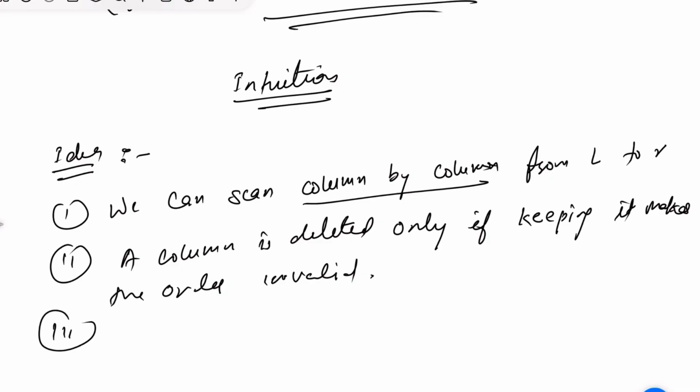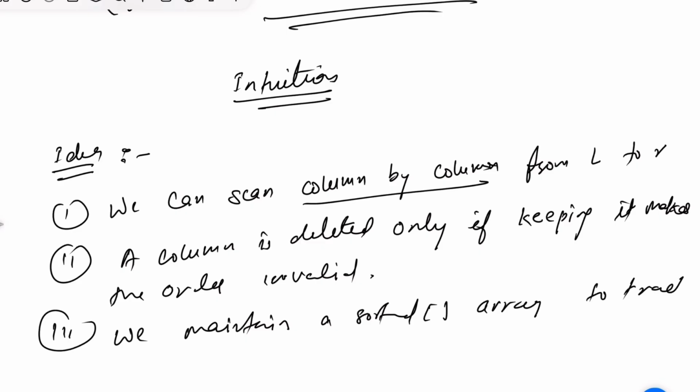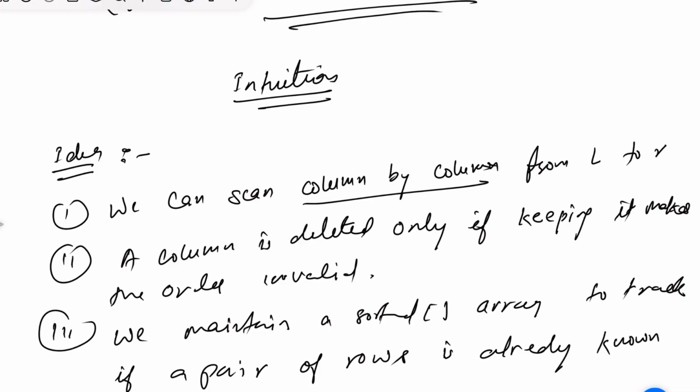Then we will maintain a sorted array to track if a pair of rows is already known to be ordered.